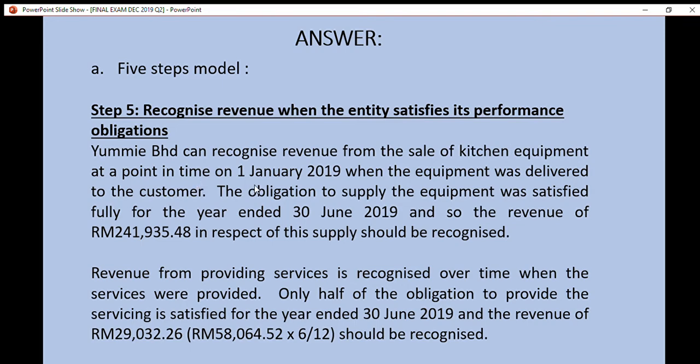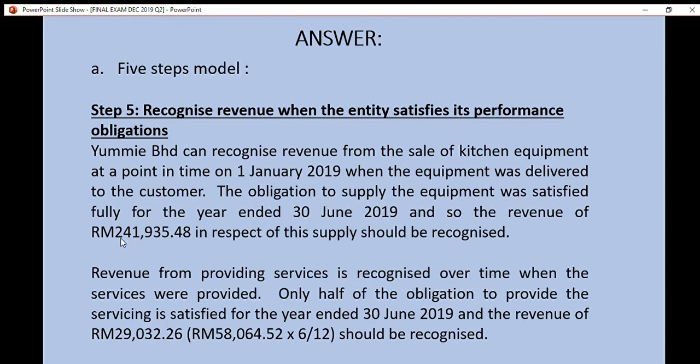The obligation to supply the equipment was satisfied fully for the year ended 30th June 2019. As we know, the financial year of this company ends on 30th June.